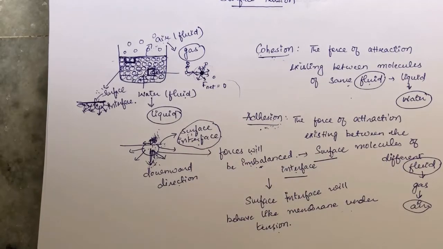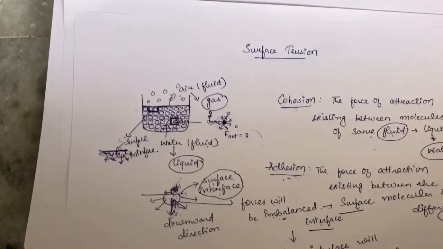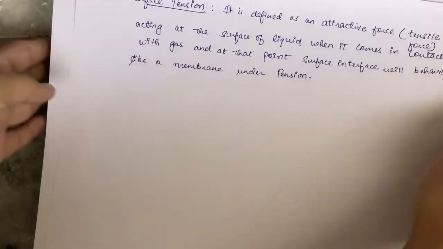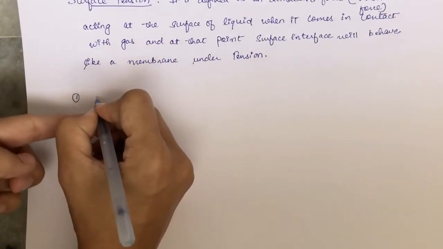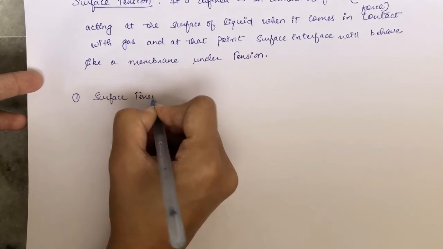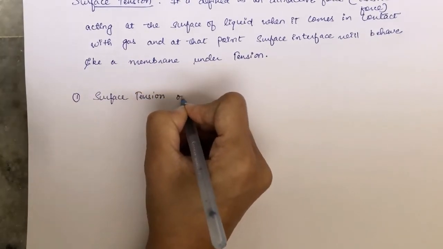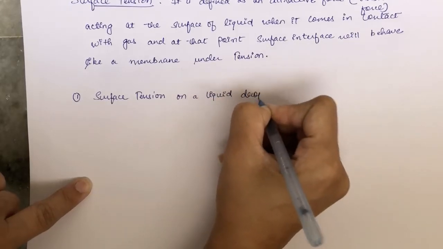Now let's see some formulas which you need to use in your calculation of surface tension. The first formula we will see is the formula of surface tension on a liquid droplet.